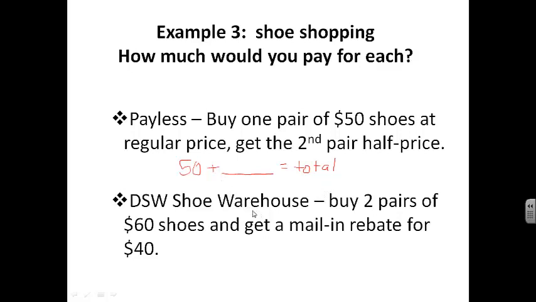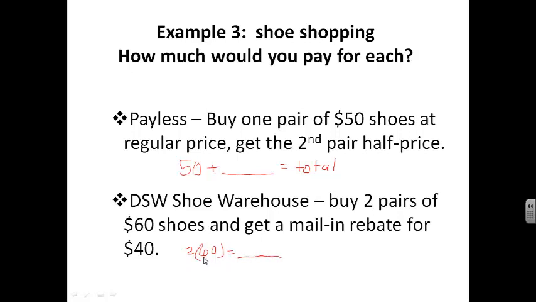DSW Shoe Warehouse: you buy 2 pairs of $60 shoes and get a mail-in rebate for $40. So this time we're going to buy two pairs for $60 and then get a mail-in rebate for $40.